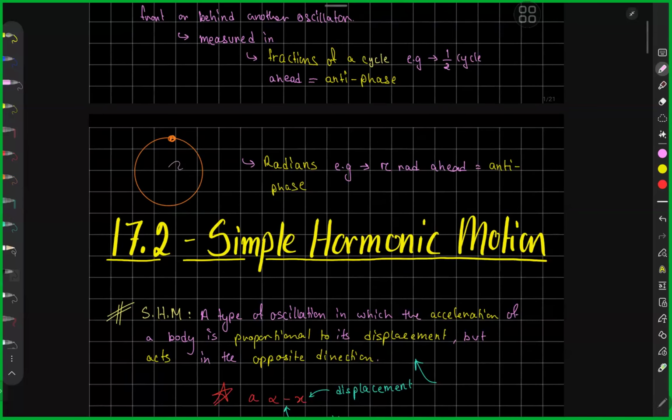So let's say this is the y-axis, this is the x-axis, and I'm expressing the angular displacement with respect to position. This is the positive x-axis, and negative x-axis.